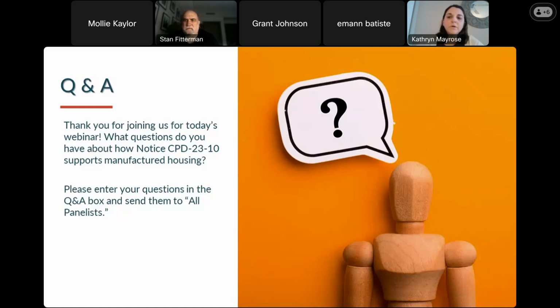Sure. I did want to note a couple of things. The HOME program has its own notice in relation to manufactured housing, so that will be where you will find guidance on comparable HOME requirements for manufactured housing. Also, going back to the question about the shelters, this requirement is specifically referring to tornado shelters, as Stan mentioned.